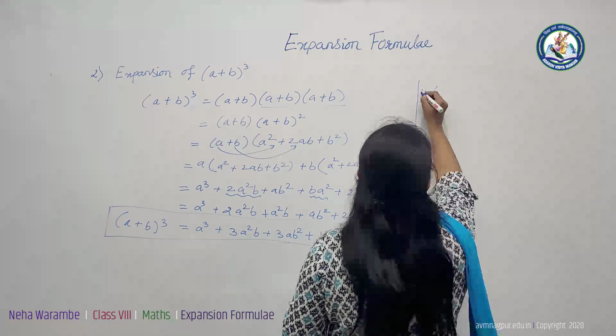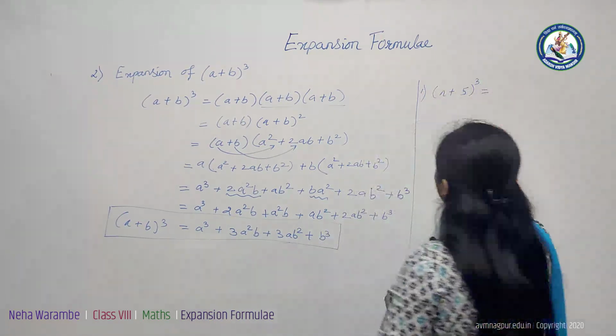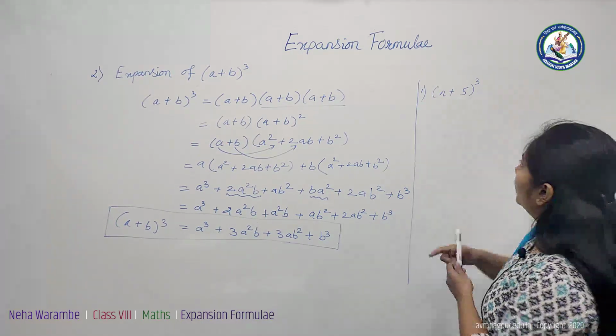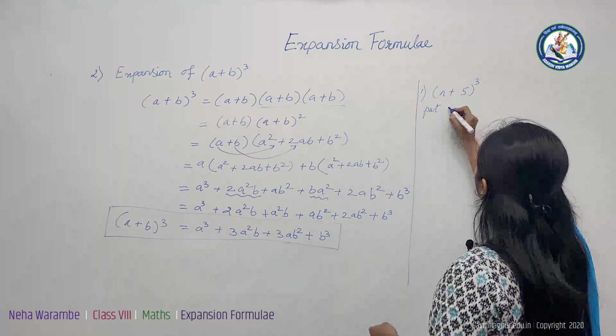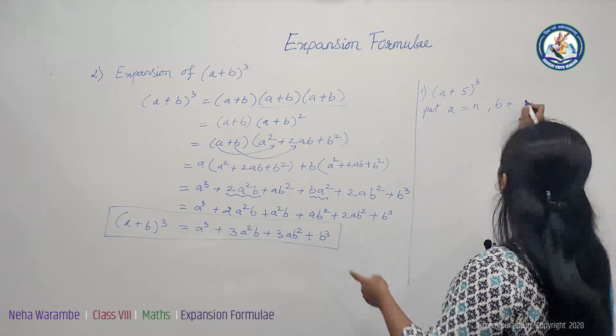Suppose first (n + 5) whole cube. Now use this formula for (n + 5)^3. Put the values: a is equal to n and b is equal to 5.